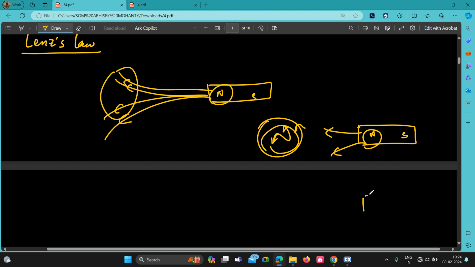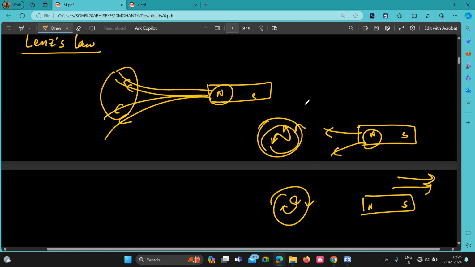Suppose the magnet is moving away, then the loop will oppose the motion, meaning it will not let it go away, it will attract it. It will create a south pole. If it creates a south pole, then only it can attract the magnet.